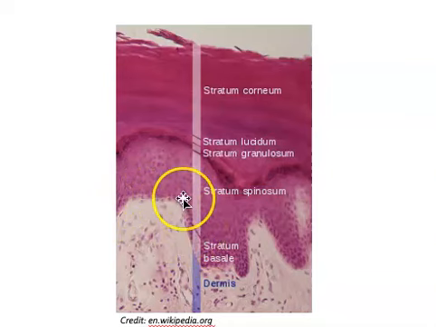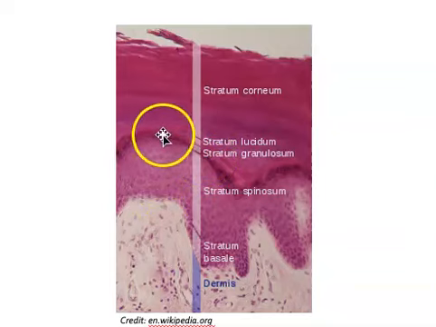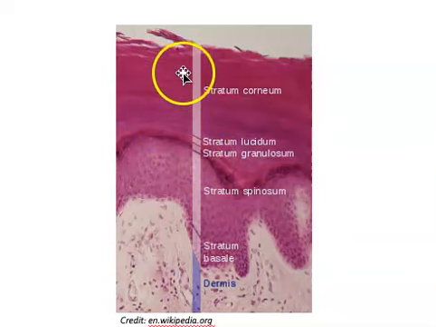Above that, in multiple layers, is the stratum spinosum. Then there's a thin layer that stains very darkly, called the stratum granulosum. Then a layer called stratum lucidum, and then a layer stratum corneum up at the top.